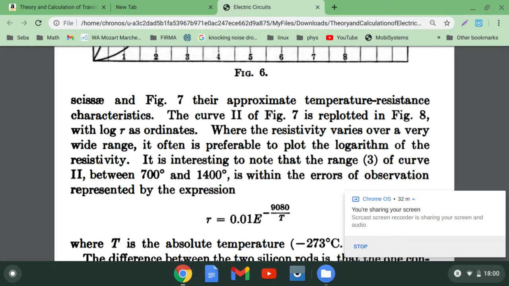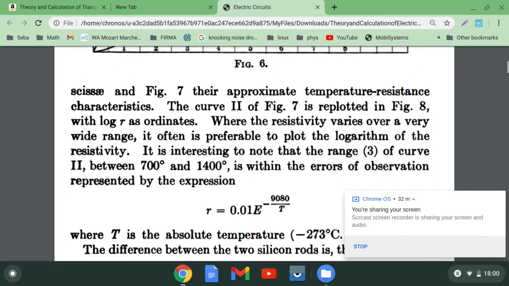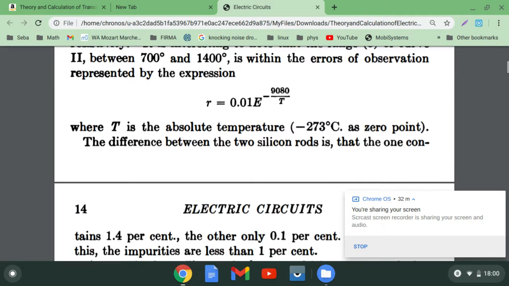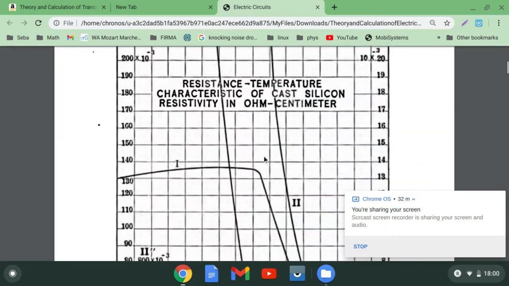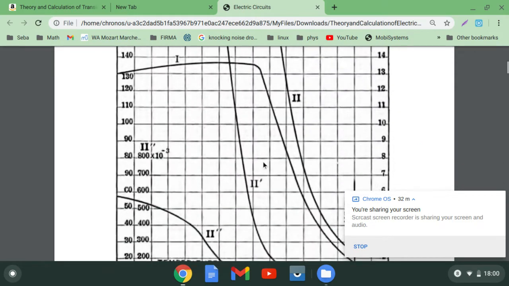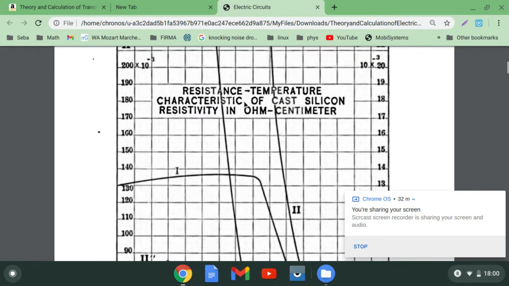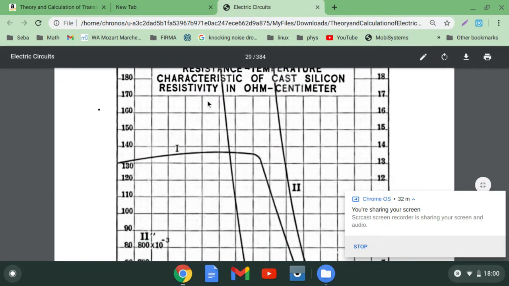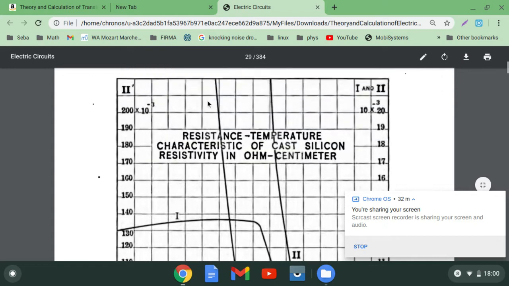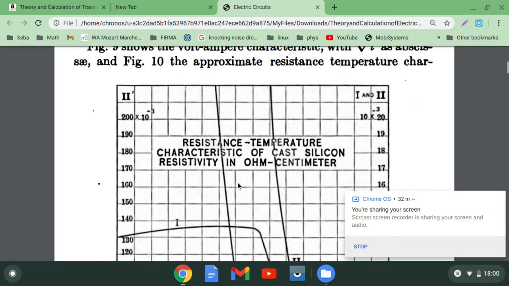The curve 2 of figure 7 is replotted in figure 8. Curve 2. Resistance temperature characteristic of cast silicon. Resistivity in ohm centimeter.